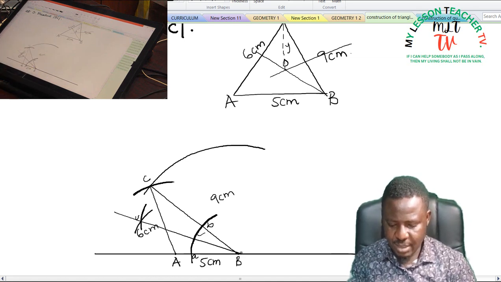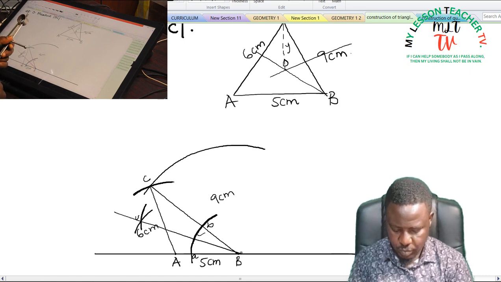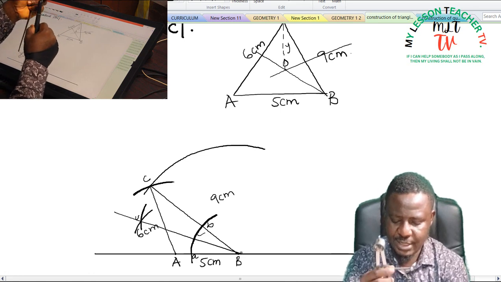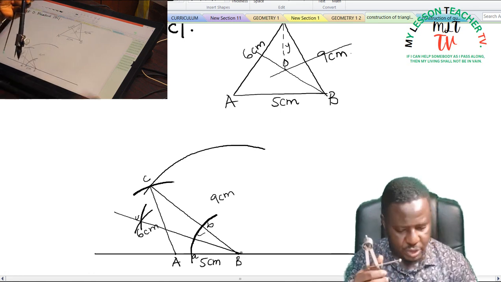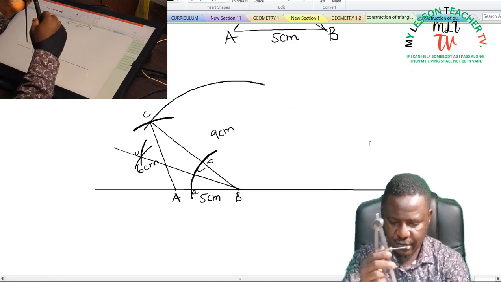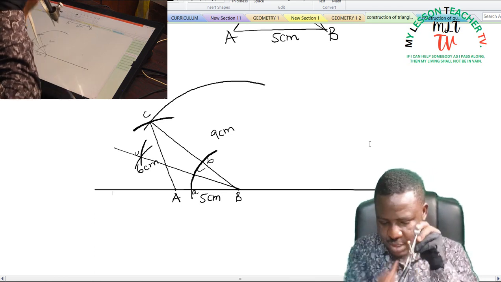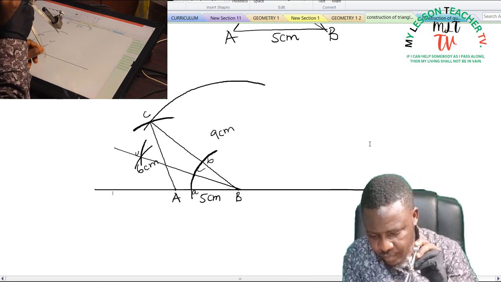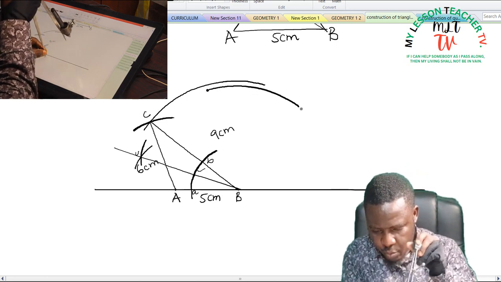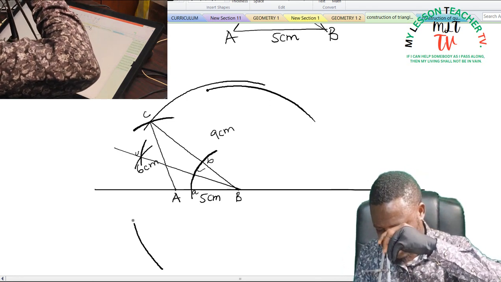And how do we bisect BC? With B and C as centers and radius greater than half BC. Since BC is 9 centimeters, my radius is going to be something greater than 4.5 centimeters. So I should have something like this. So with B as center, you construct an arc above and below, which is this way and this way.